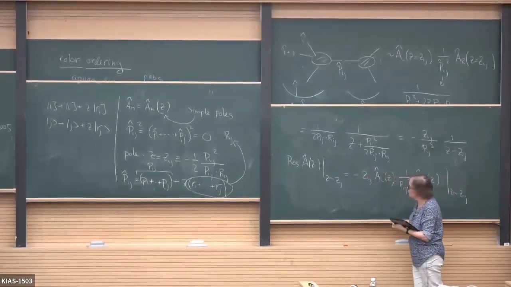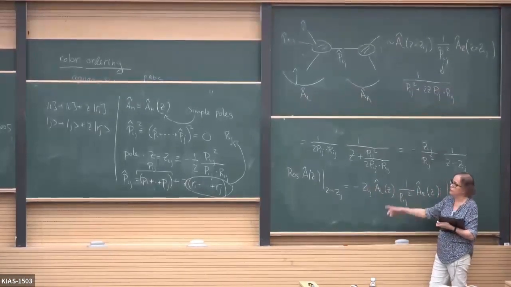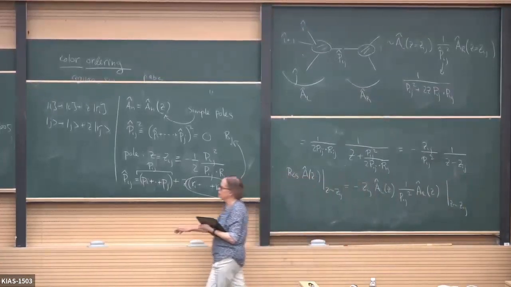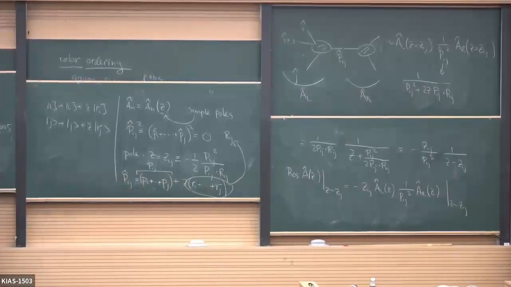And at this point, we know all the residues, we know all the poles, so we can write down a closed expression for the amplitude. Okay, so what is the original amplitude?